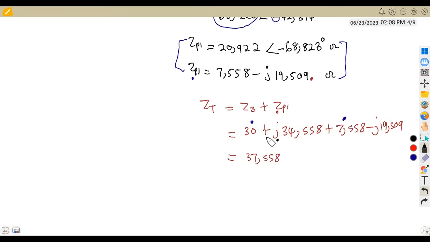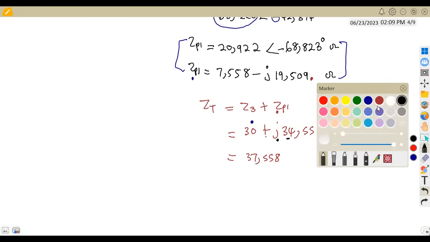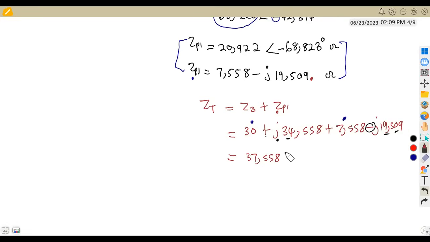So this is positive 34, so it's 34 minus 19.509. 34 minus 19 is going to give us a positive, so that will be a positive j15.049. So this is our total impedance in ohms.